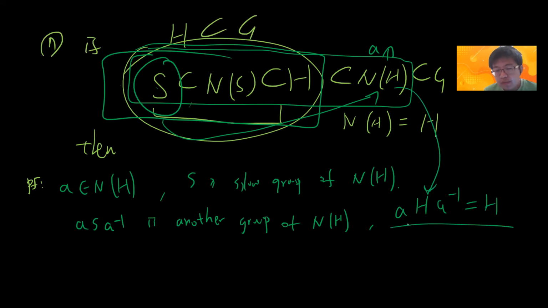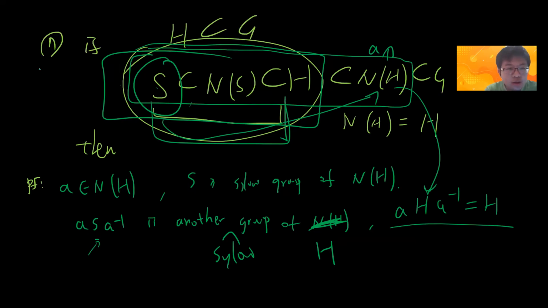That means A will normalize H as a set, so A S A inverse is another subgroup, not just of N of H, but another Sylow subgroup of H, because this element S is a subset of H. So that means also S is a Sylow subgroup of H.